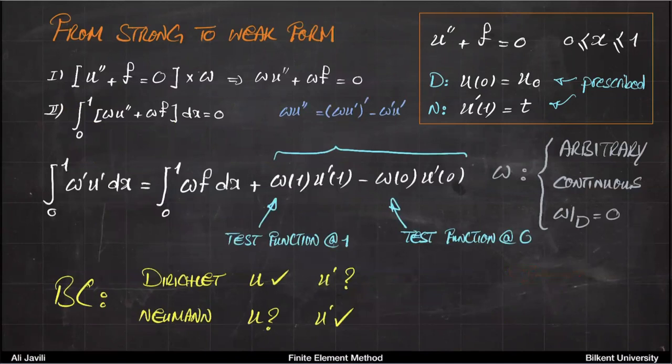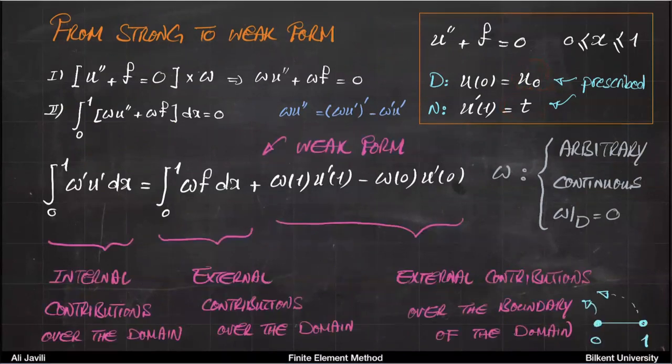And then inserting the boundary conditions from your prescribed conditions, you can exactly distinguish these three parts in your weak form. There is an internal contribution over the domain. There are external contributions over the domain, in the sense that these are inside the domain. Usually for us, they are zero. And then you have these external contributions that are on the boundary of the domain.